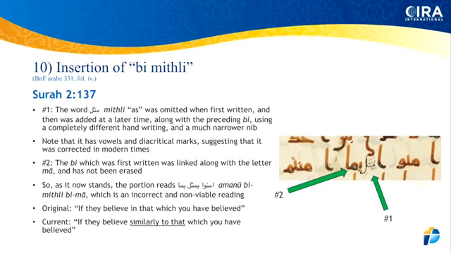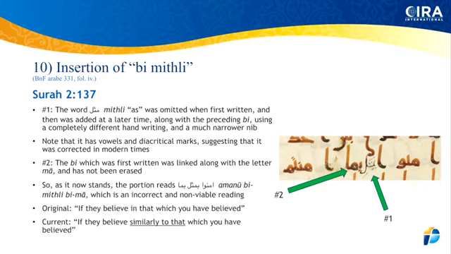Amanu bimithli, bima. What's the B doing there again? So whoever did this forgot to remove the second B. The first time it was saying amanu, believed in what you have believed in. Now it's saying believe in a similar fashion as they believe in. So you can see grammatically it's incorrect as they have it now.